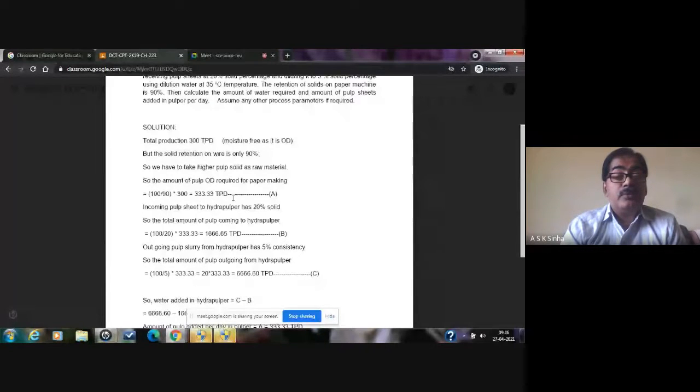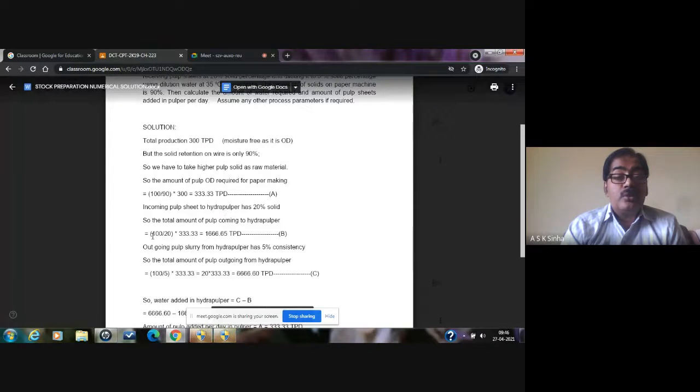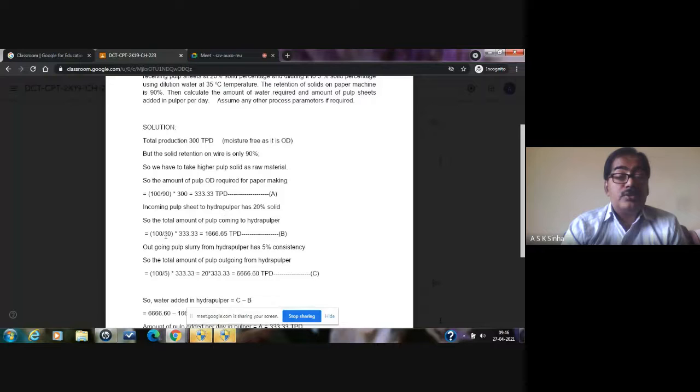So the amount of pulp on oven dry basis required for paper making will be 100 divided by 90 multiplied by 300. So this will be 333.33 tons per day.